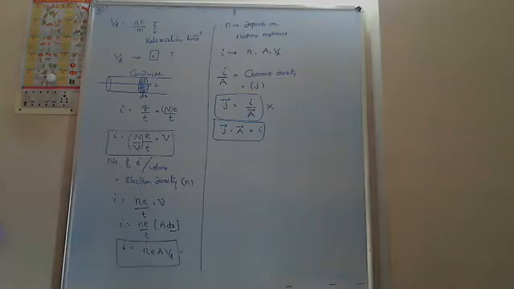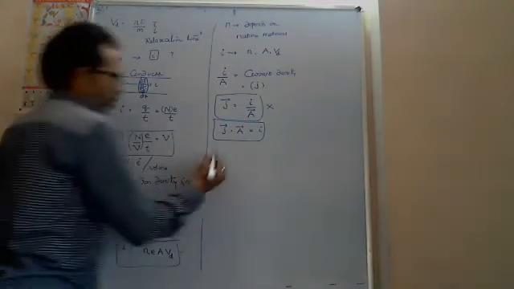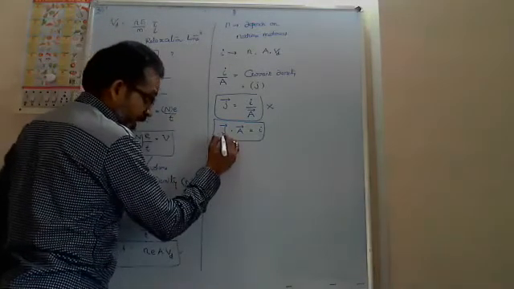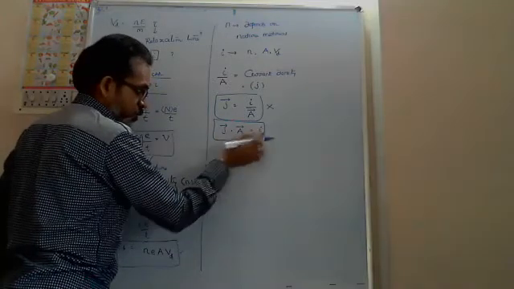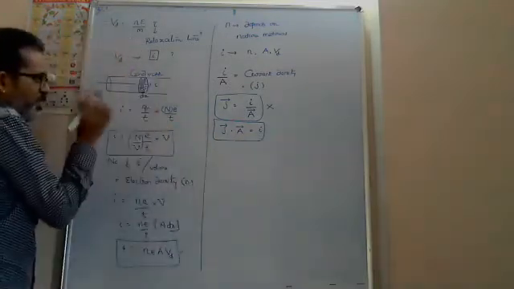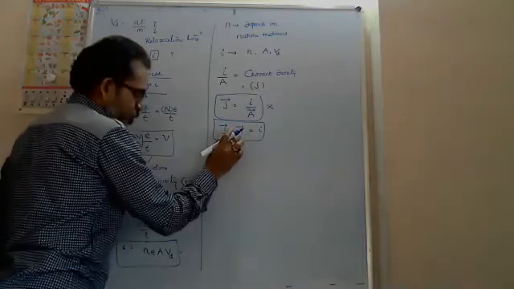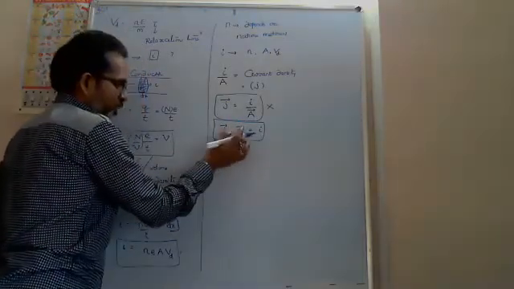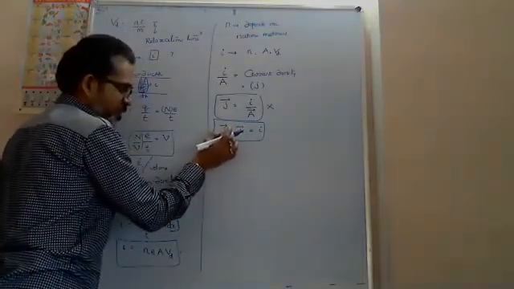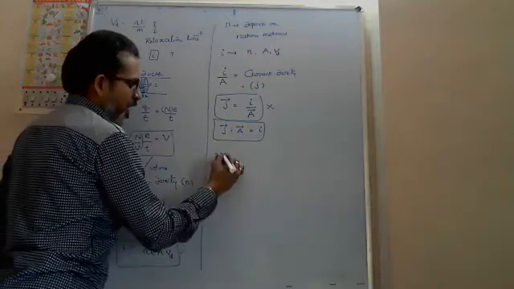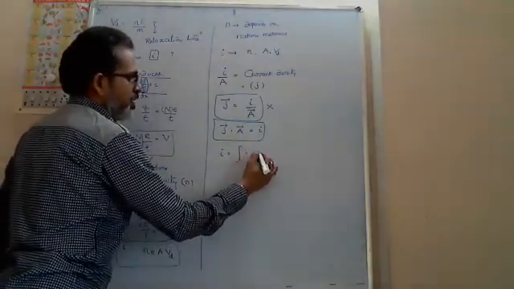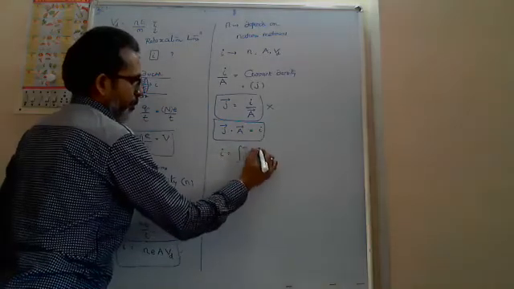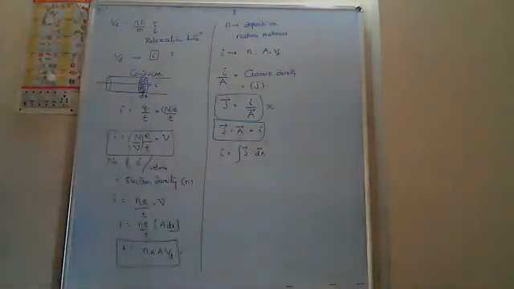And this formula you can write if the current density is changing from point to point, for current through a particular cross section. Suppose it changes with time, or with the area of cross section, meaning J is not constant. Then I have to write I is equal to the integral of J dot dA.